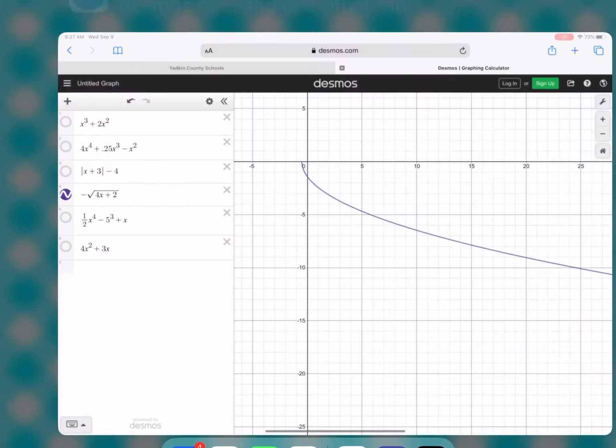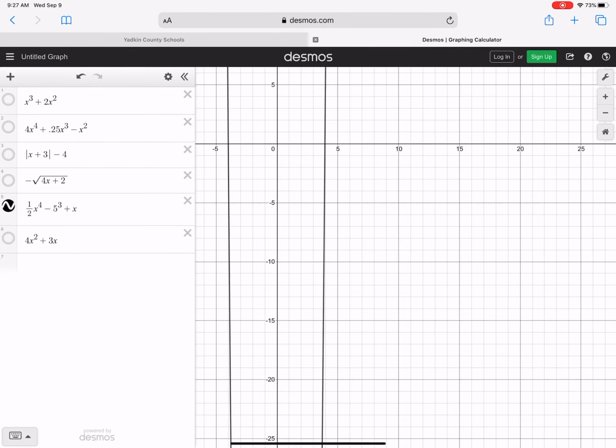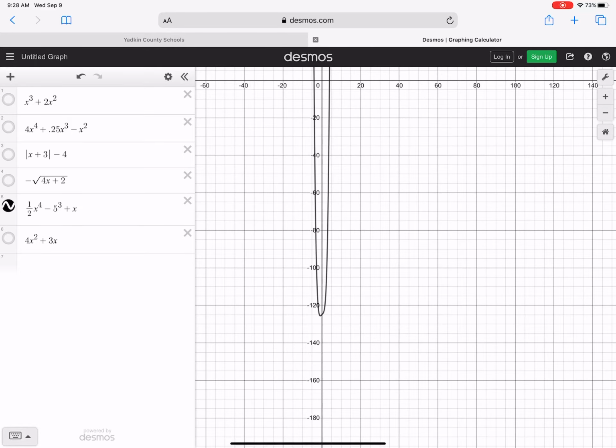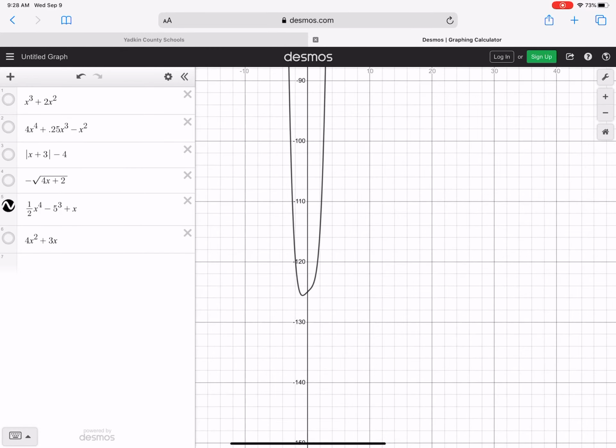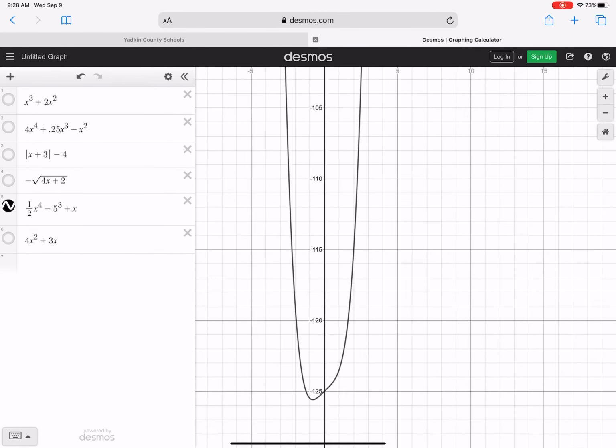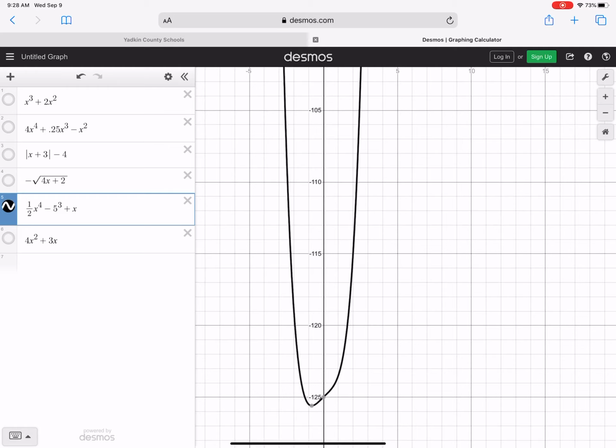Okay, so for example B, let's zoom out just a little bit here. Okay, so where's this one decreasing? We can see that it's sort of a parabola. It's going down all the way until we get to this point right here.